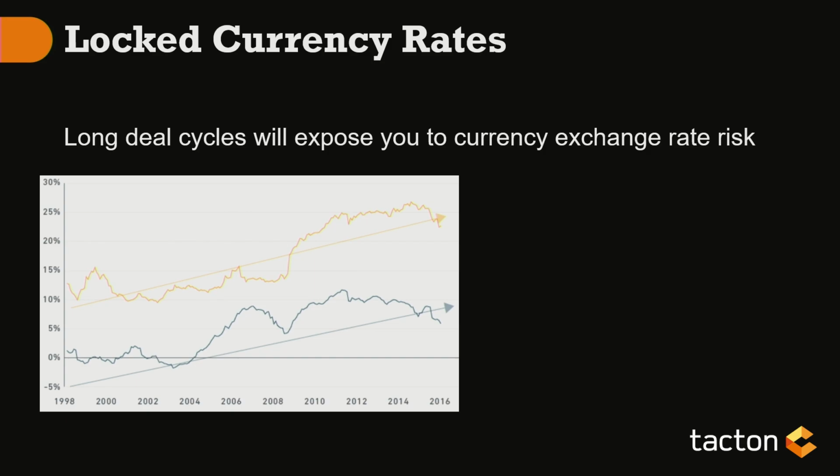So many of you sell products to multiple markets in multiple currencies. And if you have long cycles, that means you expose yourself to exchange rate risks. And no one wants risk. Companies don't like that.